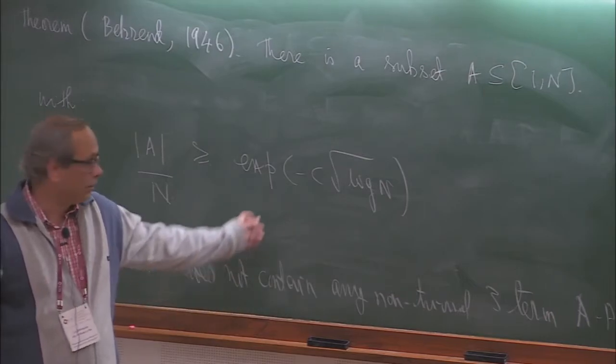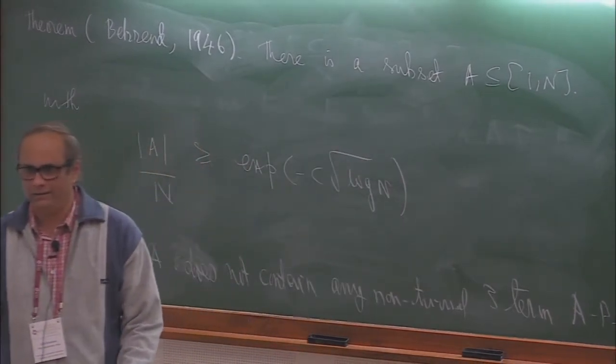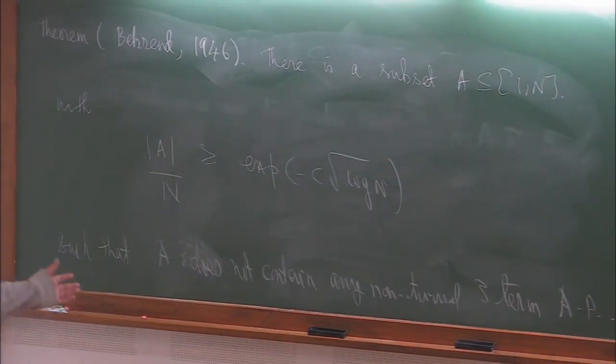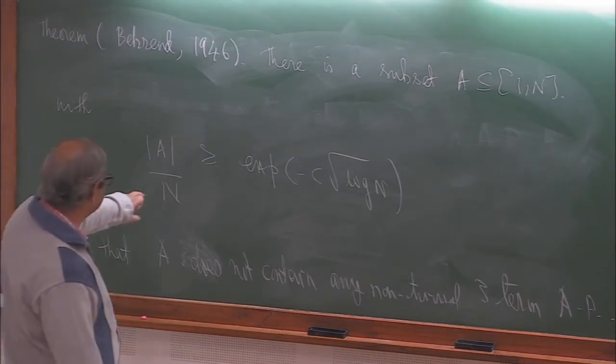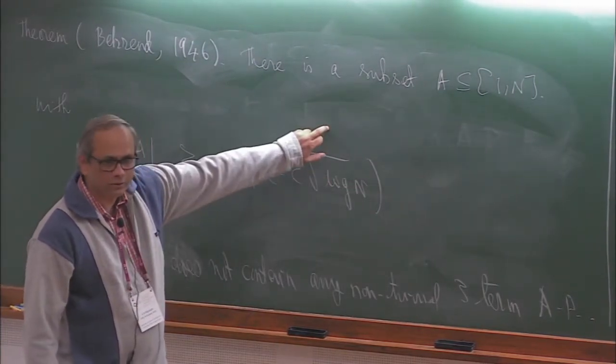Okay, so for all n large enough, you have subsets whose size is exponential minus constant root log.